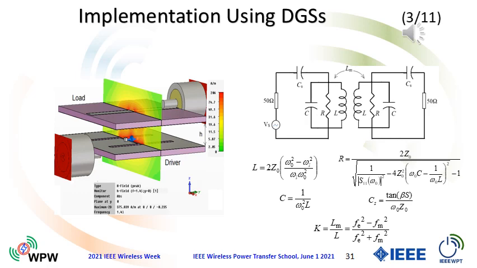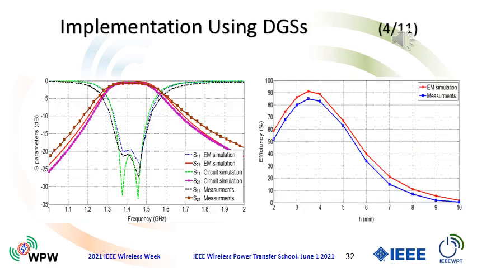The coupling coefficient K is also extracted from the electric and magnetic frequencies. As an implemented example, a maximum efficiency of 90% has been obtained at a separation distance of 3.5 mm. Good agreement between the extracted circuit model and the full-wave electromagnetic simulation has been achieved.